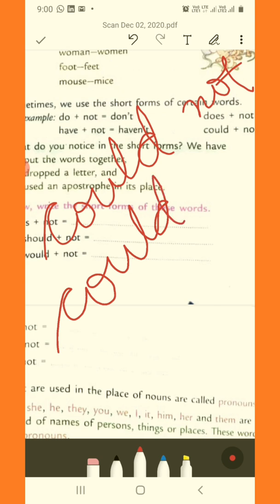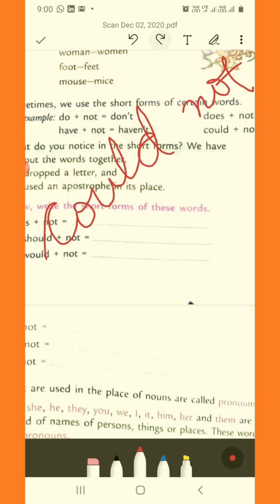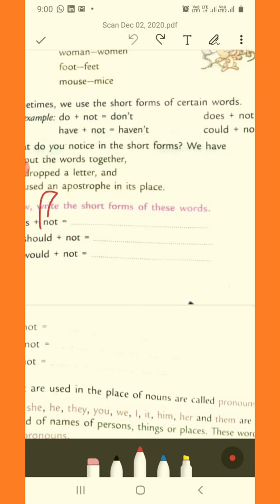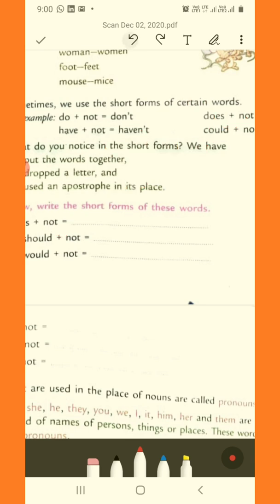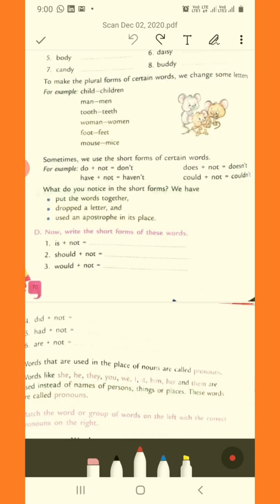C-O-U-L-D and apostrophe T, couldn't. Okay, that's how it goes. That's very simple. You have to follow this rule while shortening the words.